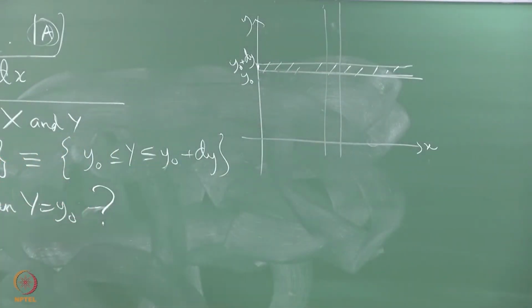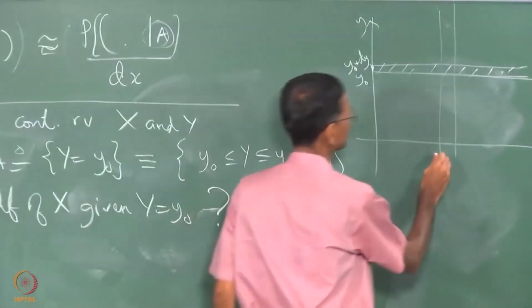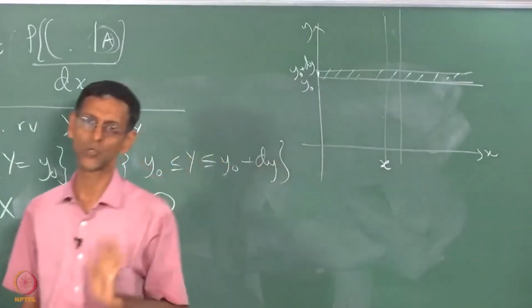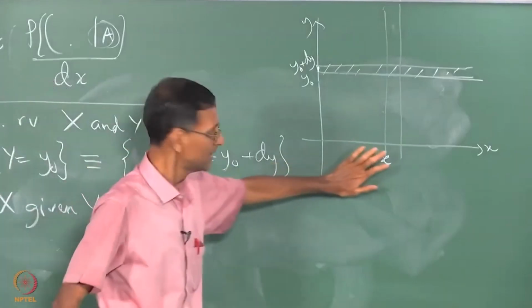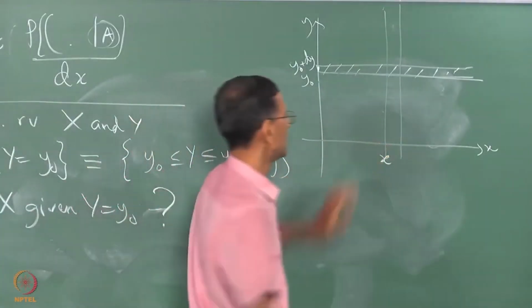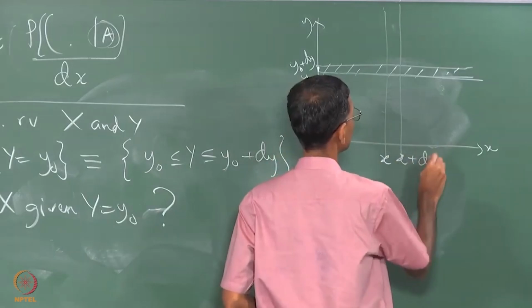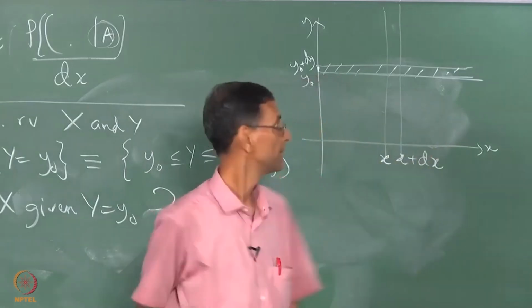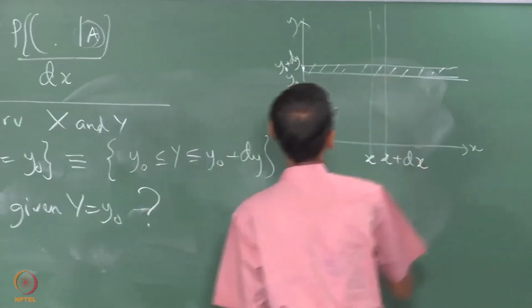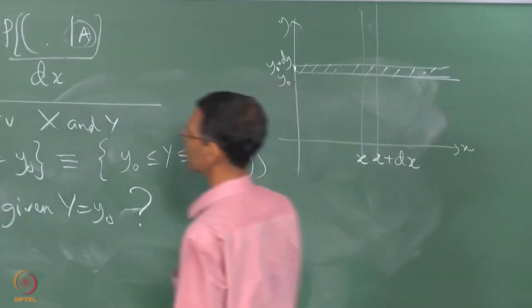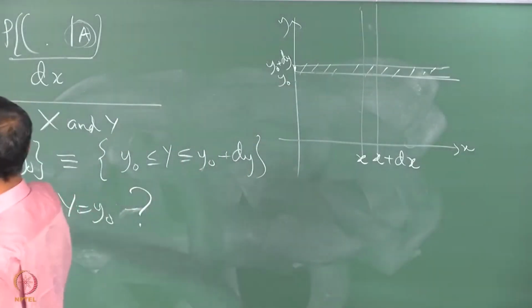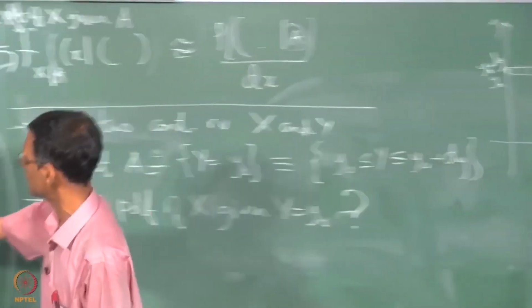Let us not bring that into the picture right now. Let us assume that this x is inside the new omega x also, so that it makes sense to look at the density of x at this point. So I have x here and I have x plus dx here. Okay. So what do I want to calculate? I want to calculate this probability.